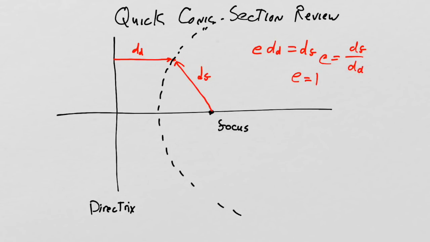I'm not sure that this is a perfect parabola, but if it is, then this distance here and this distance here will always be the same. A parabola is defined as this kind of curve where e equals 1. And all parabolas that we've ever worked with in algebra can be reinterpreted in this way.